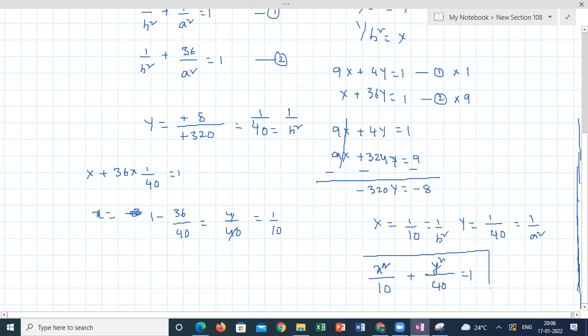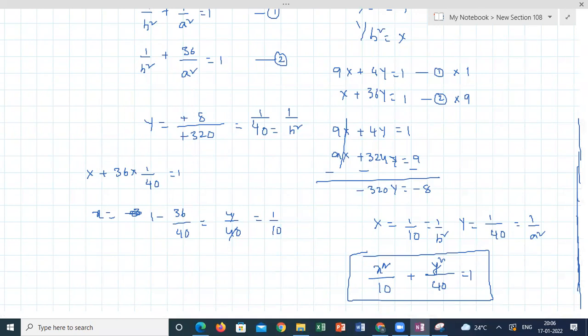Will you agree, students? Is it the right equation or not? Guys, please check yourself, practice yourself and let me know whether this answer is right or wrong. Students, please respond.